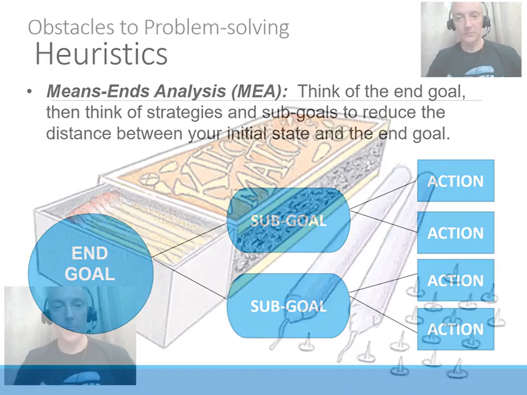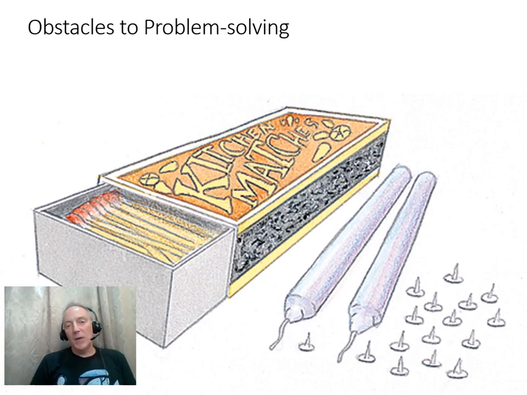All right, so now let's talk about what are some of the common obstacles to problem solving. As an example, we will use this, which was used in a famous study. Brought in people for a study and they said, here is your problem.